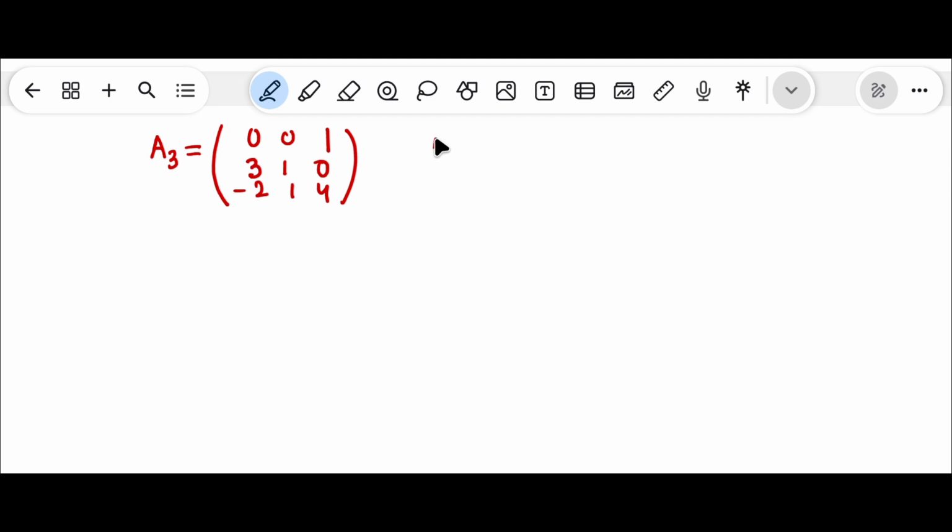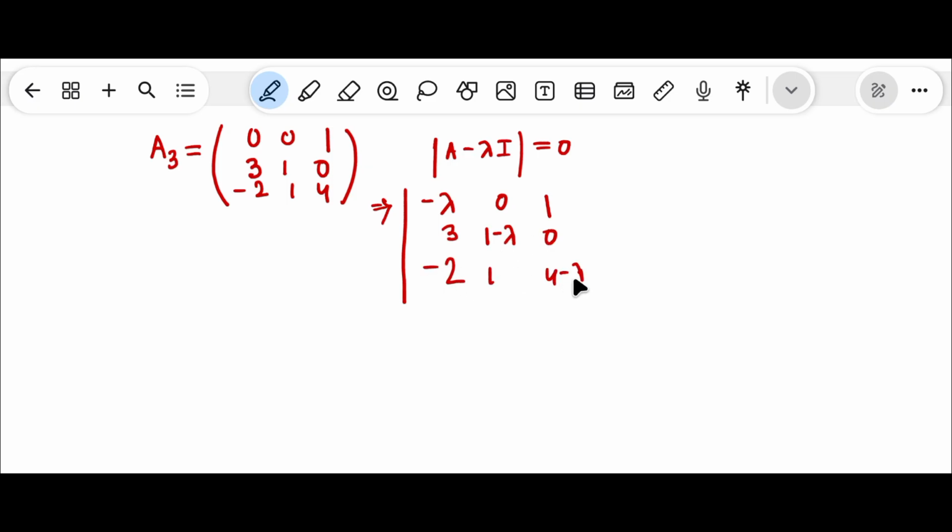For finding the characteristic equation, we know we have to find |A - λI| = 0. As we have discussed previously, let us just subtract λ from the diagonal entries and write down the matrix in determinant form. So if I expand the matrix, it is -λ into (1 - λ) into (4 - λ), then 1 into 0, then 0 into its minor, that is 0.